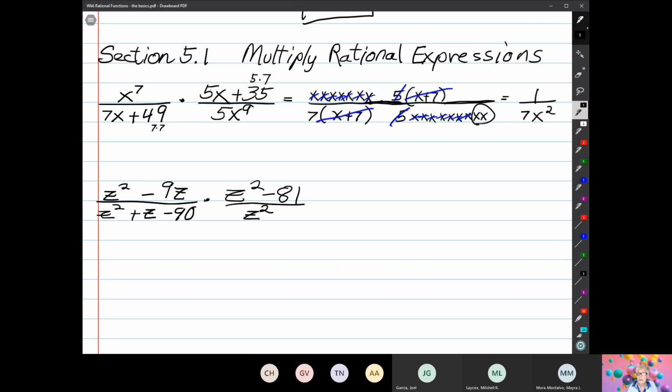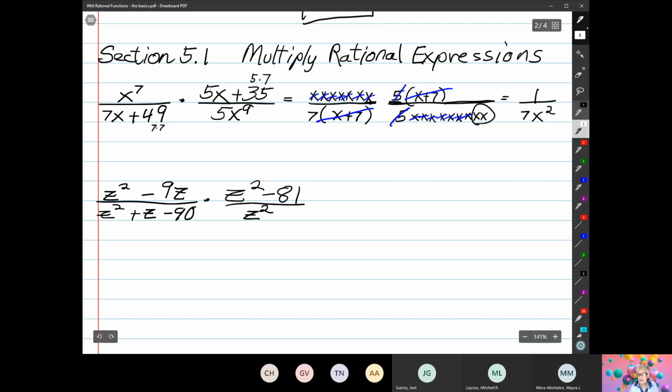Or you don't even have to do that. You could say, well, I know I could combine these into one fraction, but why bother? I can still cancel, cancel, cancel. I could still do all the canceling.